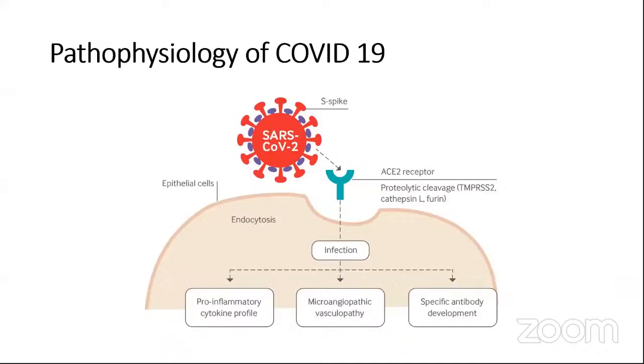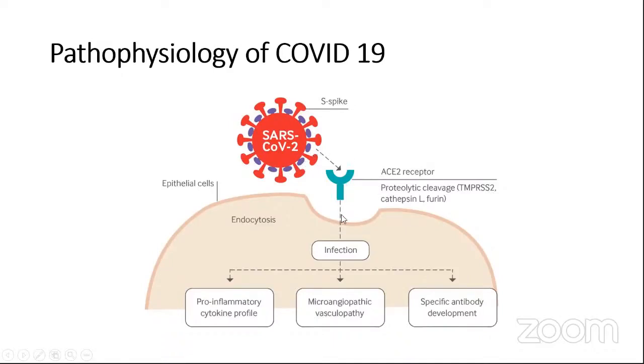Once the virus enters the human body, especially during the early phase, it prefers the epithelial cells in the respiratory tract. So it mainly targets cells such as nasal and bronchial epithelial cells and pneumocytes. The virus binds to the epithelial cell ACE2 receptor by using its surface protein called the spike protein.